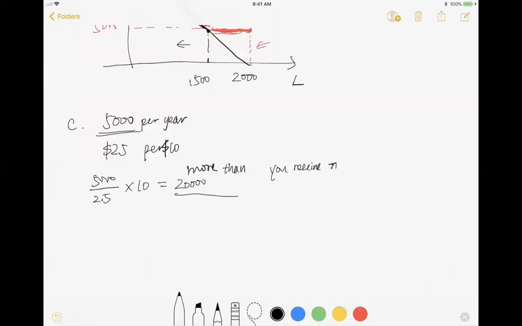Otherwise, for each $10 you earn, the transfer is reduced by $2.5.